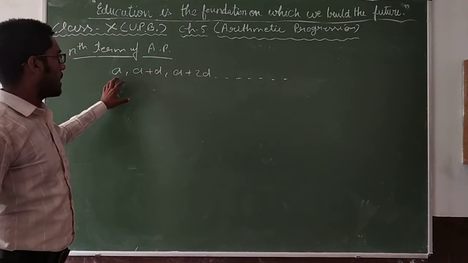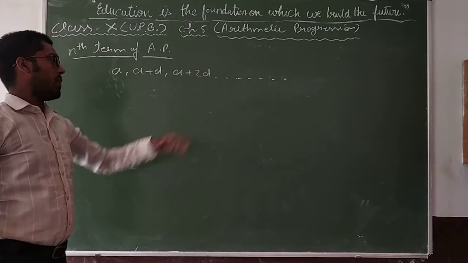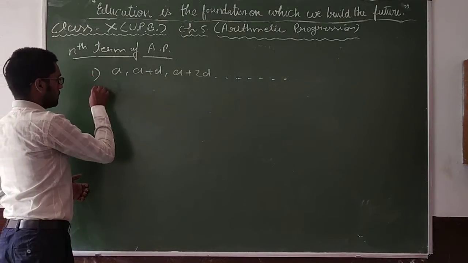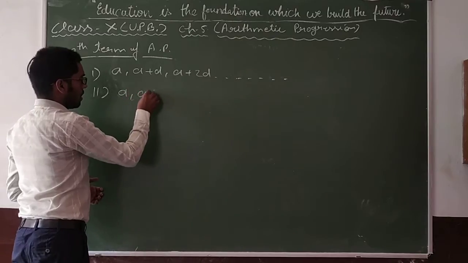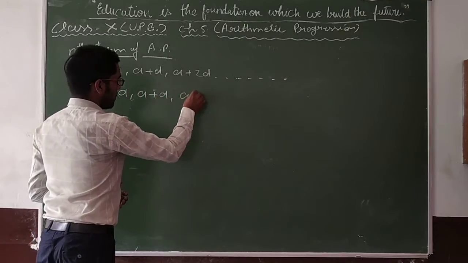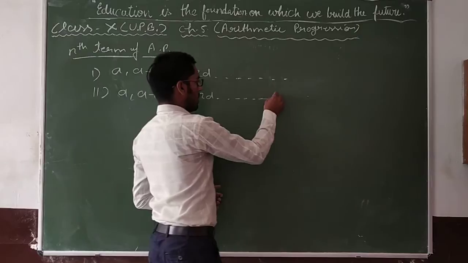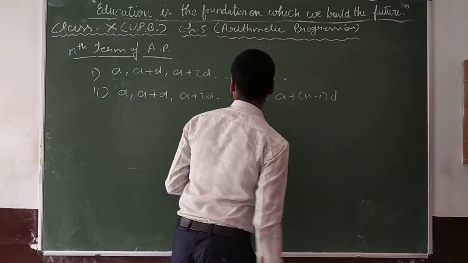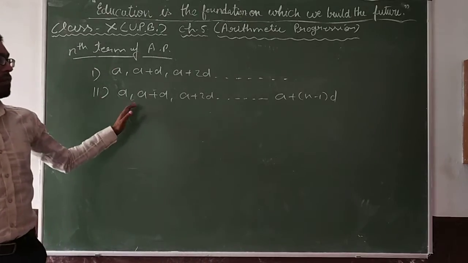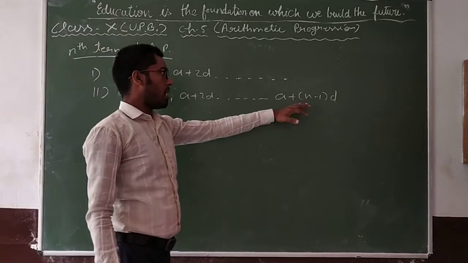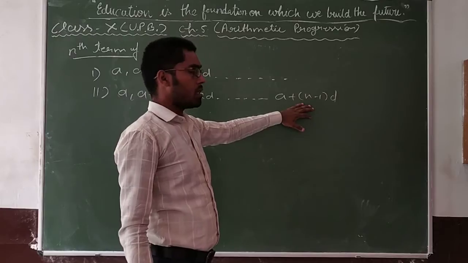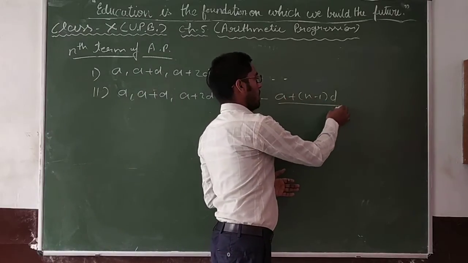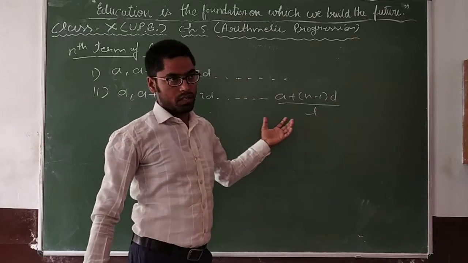Here a series is written that has infinite terms, and the series is a, a plus d, a plus 2d, and so on, up to a plus (n minus 1)d. Now this series has finite terms. Here terms are limited because the last term is given.